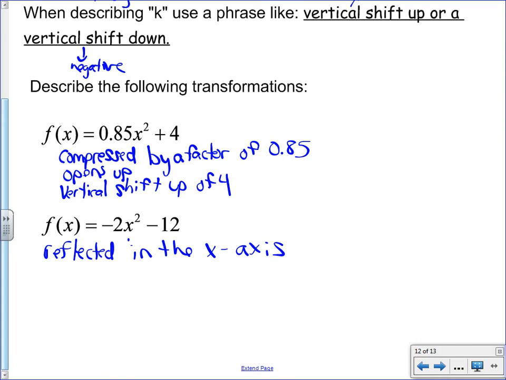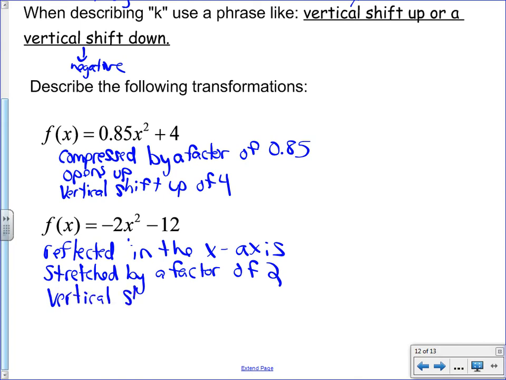Yes, it will be stretched by a factor of 2. Will I have a vertical shift up or a vertical shift down? Just 12. Because you're saying down, you don't need to put negative. That implies it.